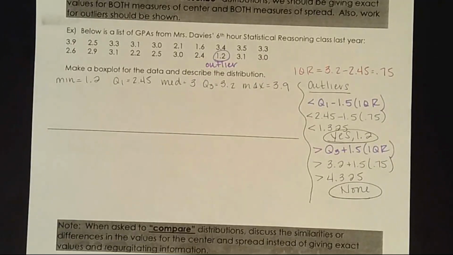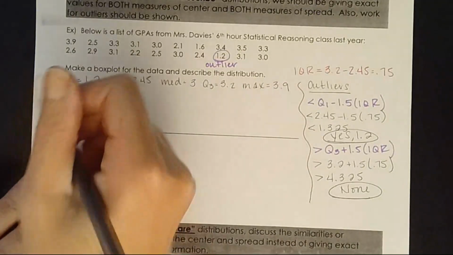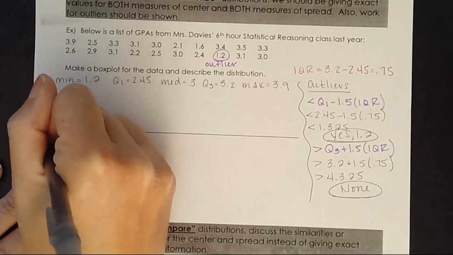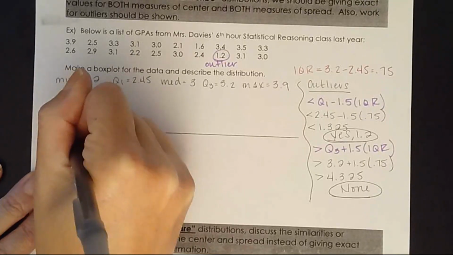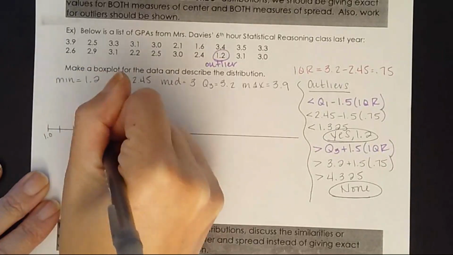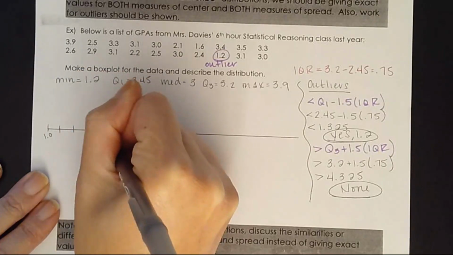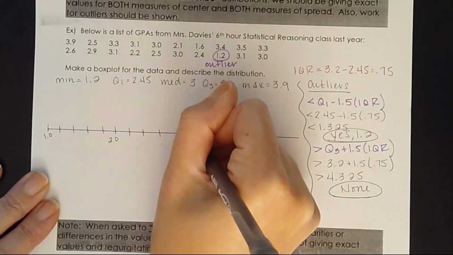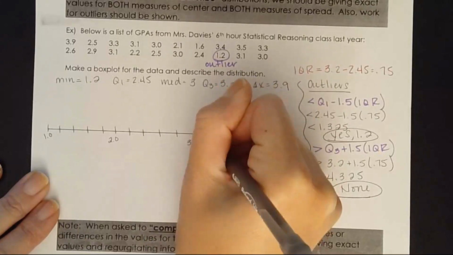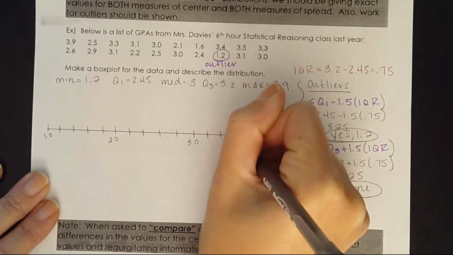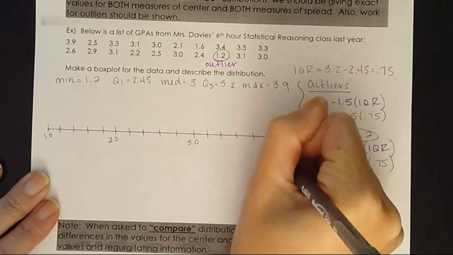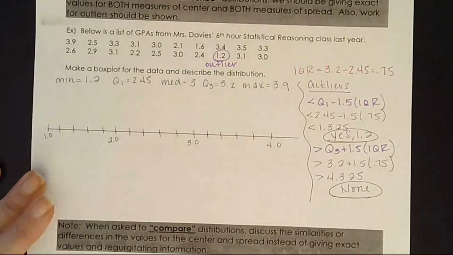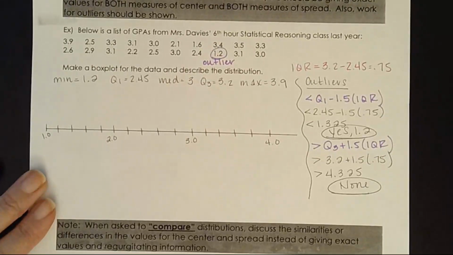You can go by 0.5. Then plot all 5 numbers from your 5-number summary.